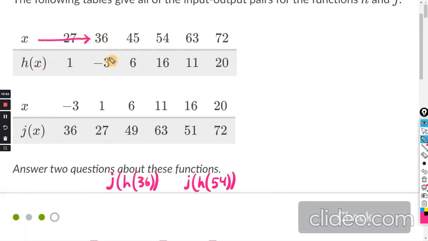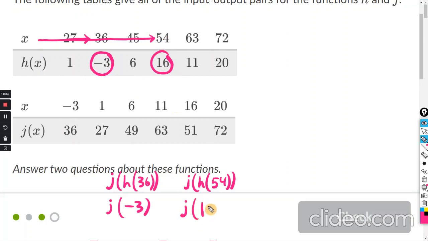H of 36 is going to be negative 3. So this here is going to be j of negative 3, and h of 54, 54 is right here, and h of x is 16. So this one here is going to be j of 16.